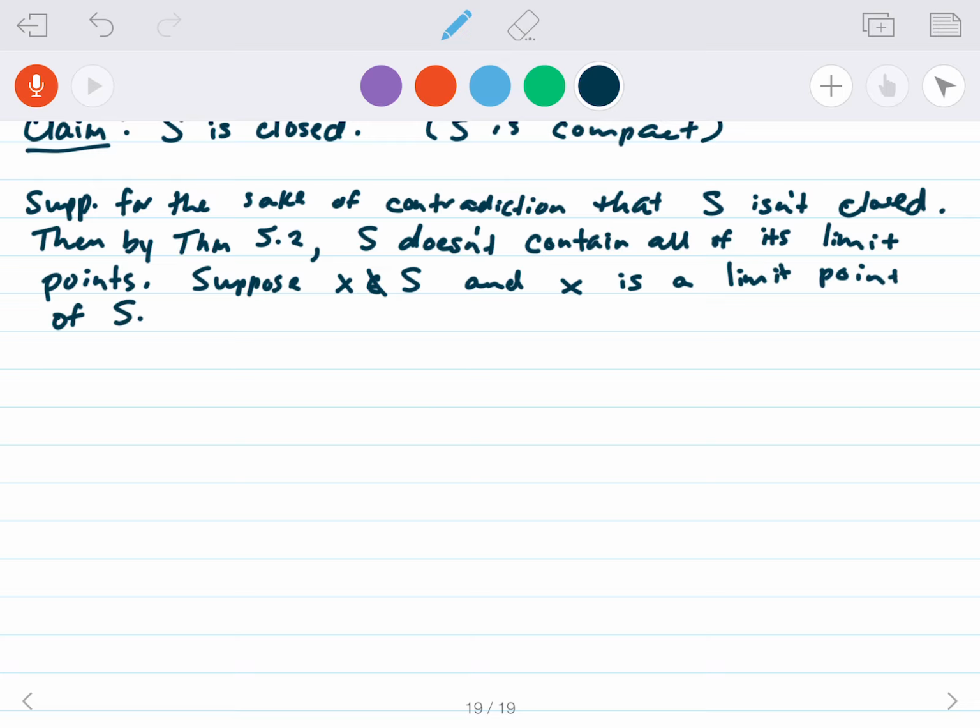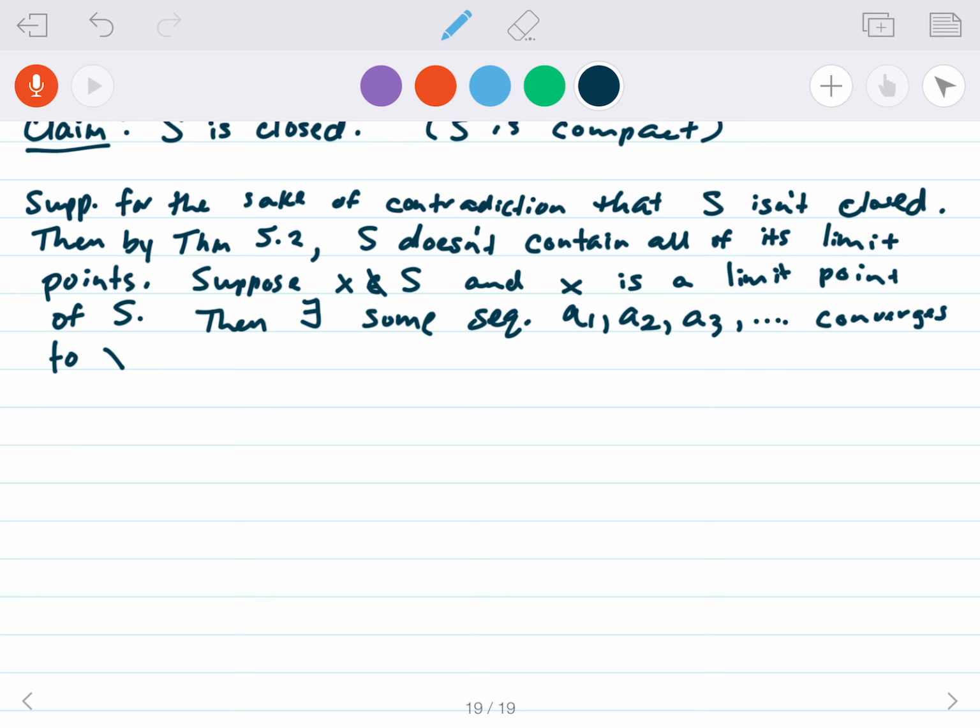That means that there's some sequence a1, a2, a3, and so on, which converges to x, and each of these terms in the sequence, each a_k, is in the set S.